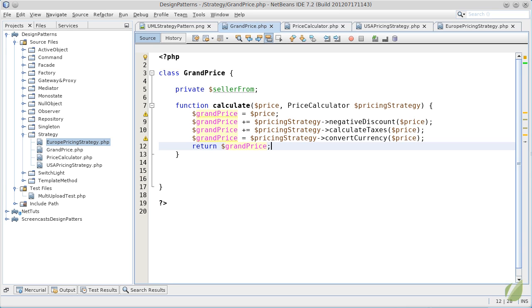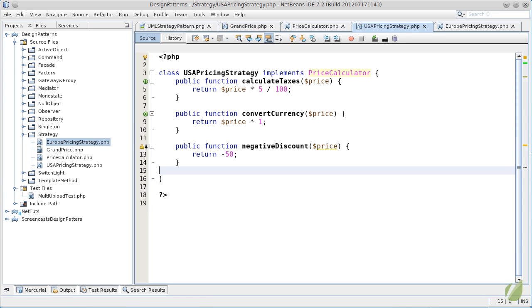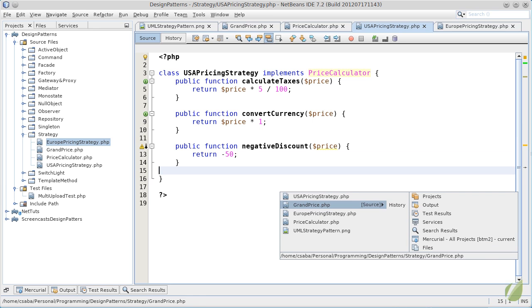It is the responsibility of the caller to call it with the proper pricing strategy. Also, there is absolutely no logic about how these calculations are made.